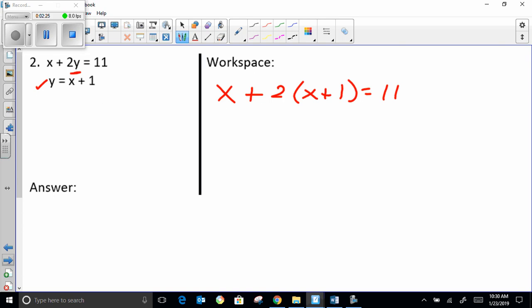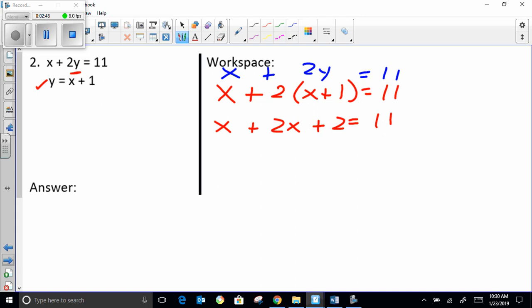I'm substituting one expression in for another. And then to simplify this, we would use distributive property. This was x plus 2y is equal to 11. So I have x plus 2x plus 2 is equal to 11.